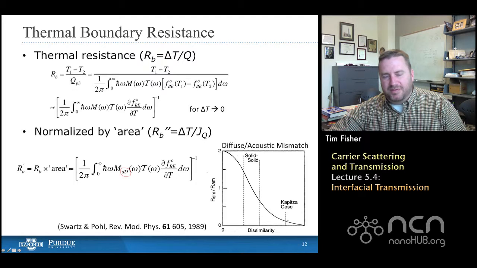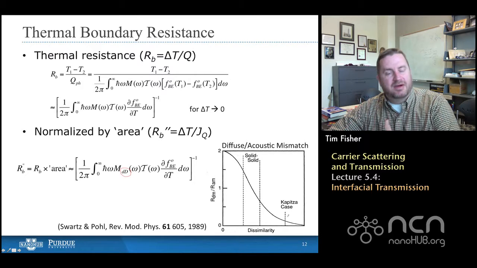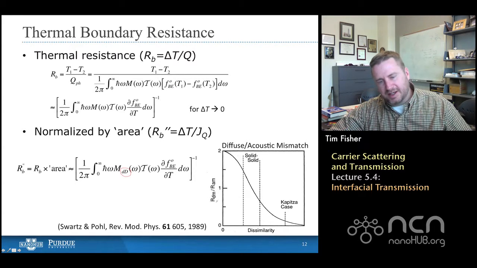So if the materials are very dissimilar, that means that, let's say I have a gas and a solid, and that's the Kapitsa case here, then what this notional chart is telling us is that the diffuse mismatch model will predict a much lower thermal boundary resistance than the acoustic mismatch model.